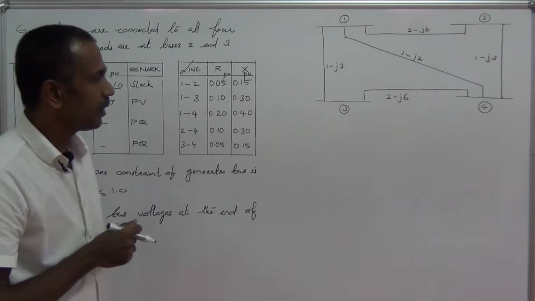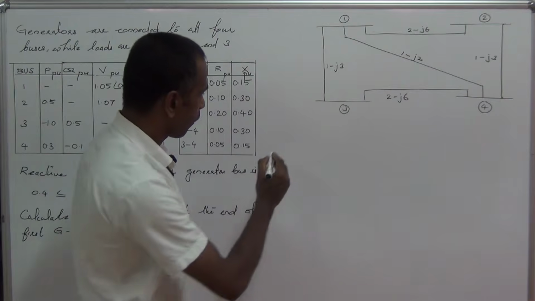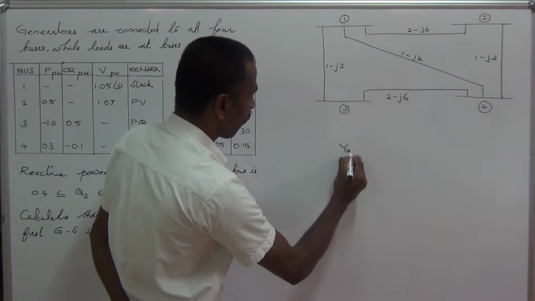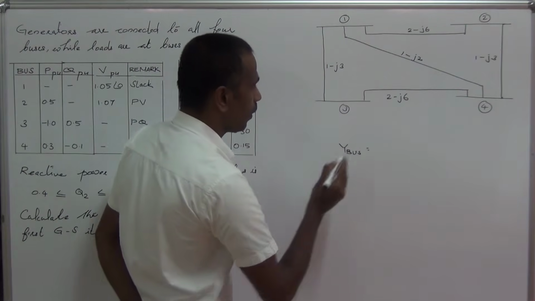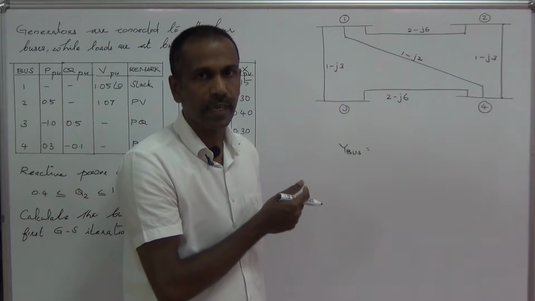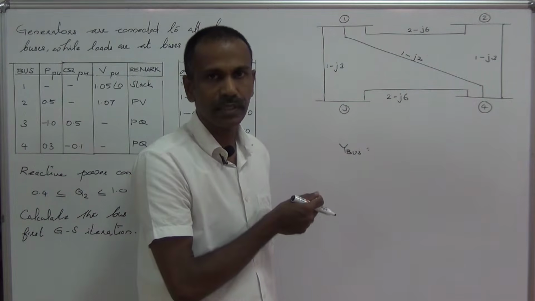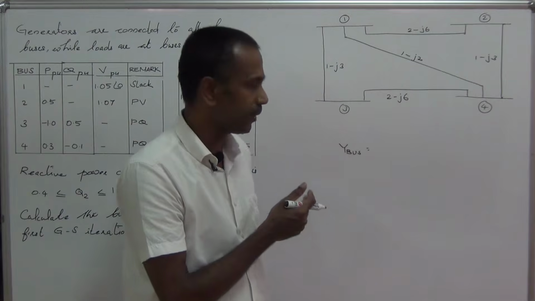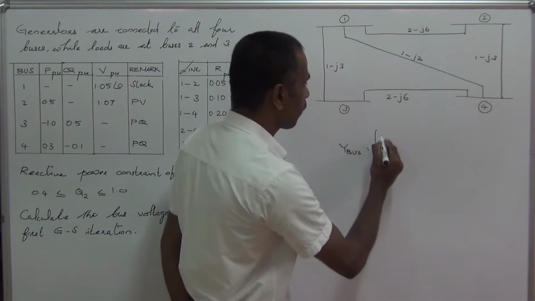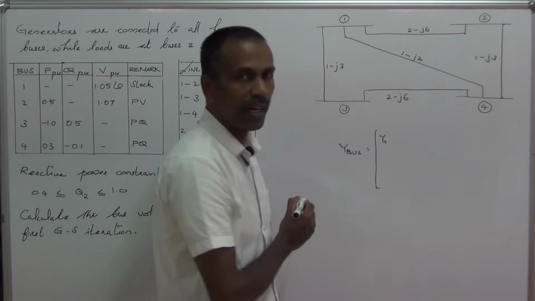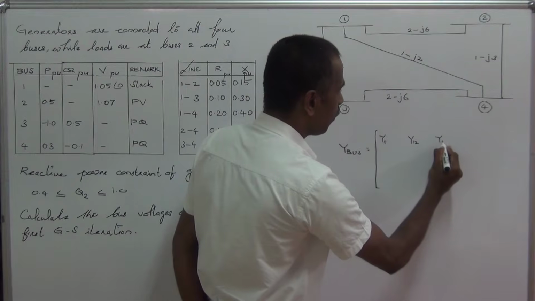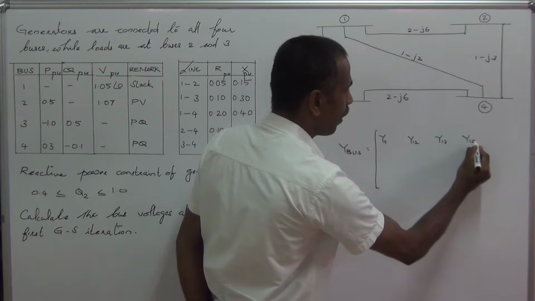Now let us find out the bus admittance matrix. Y bus equals... this is a 4 bus power system, so we will get a 4 cross 4 matrix. If we have a 3 bus system, the matrix will be 3 cross 3. The elements are Y11, Y12, Y13, Y14.